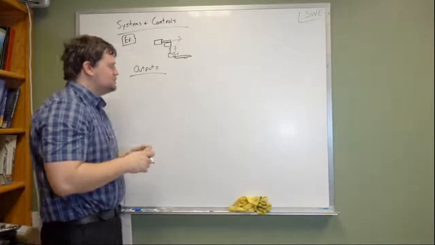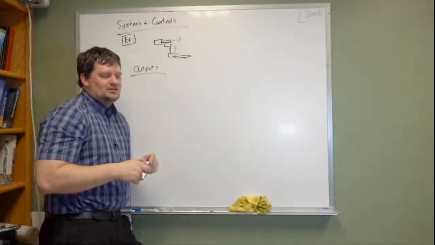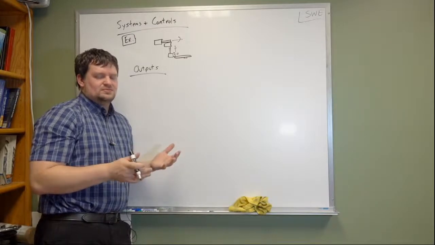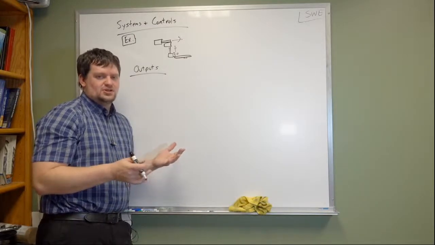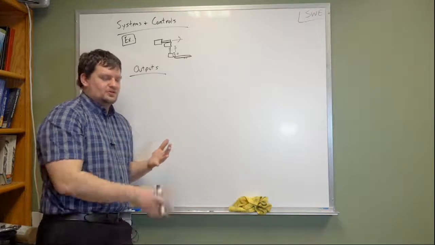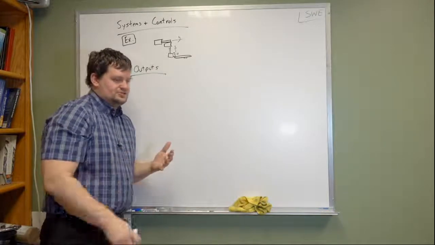I think I did a pretty good job of explaining to both of your classes that outputs from a system can be infinite. You can talk about radiation outputs, heat outputs, all of these different features.